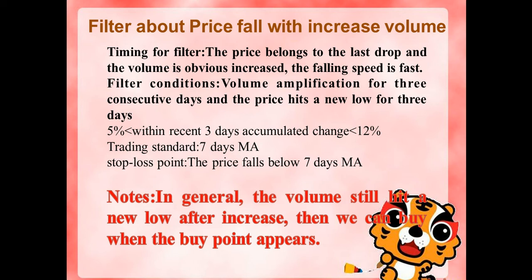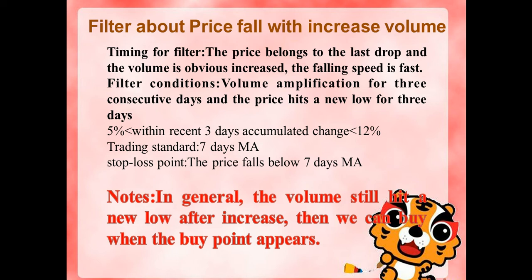Volume amplification for 3 consecutive days, and the price hits a new low for 3 days. Okay, this is the condition. So what's the condition? Within the recent 3 days, the accumulated change is 5% to 20%. What does that mean? 5 to 12 within 3 days means the rising period, the rising percentage.